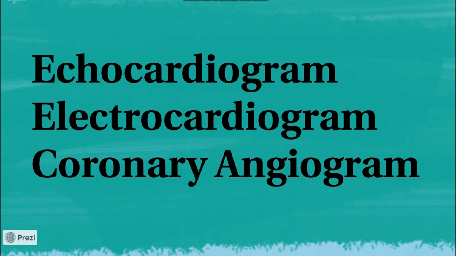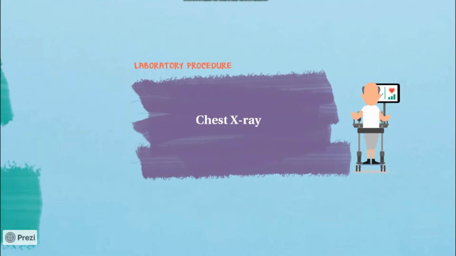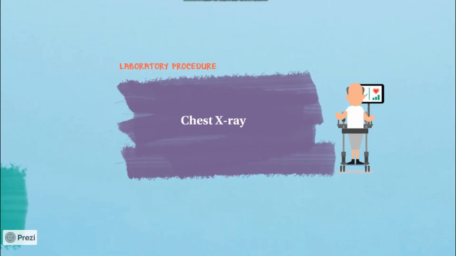It isn't generally used to diagnose mitral valve prolapse but may reveal the condition when you're being tested for another suspected diagnosis. For laboratory procedure, chest X-ray is used to show a picture of your heart, lungs, and blood vessels and can help your doctor to make a diagnosis. It also can help to show if your heart is enlarged.